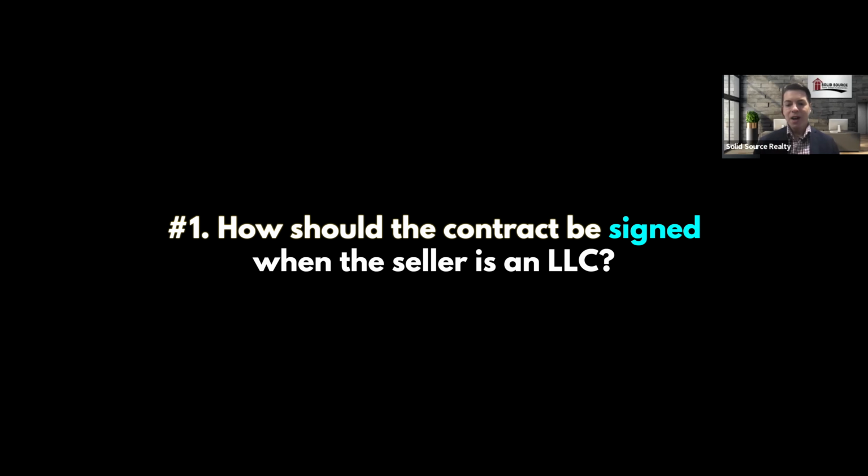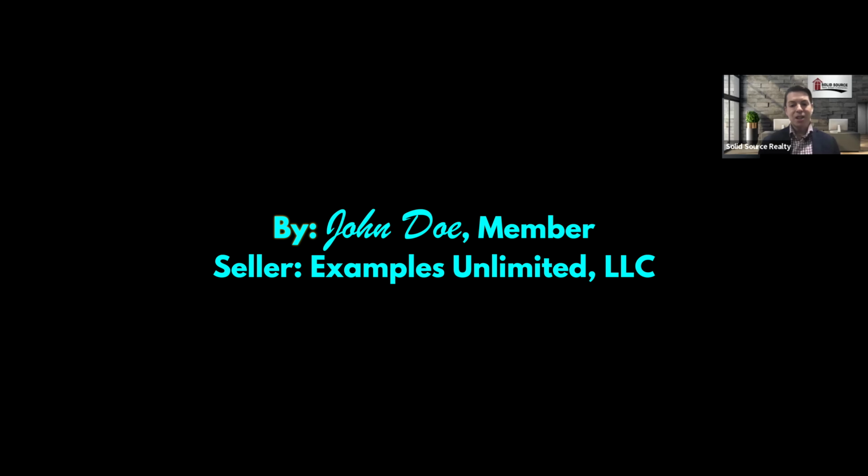So the contract does need to be in the name of the company, and it's going to be signed by a person though. And it's going to be signed by a person with signing authority, such as a member, such as a president. If you simply fill in the name of the entity for the name of the seller, typically when a party receives a request to sign a document through an e-sign platform, such as FMLS Remind Docs Plus, maybe it's DocuSign, they typically are going to have the ability to change the name.